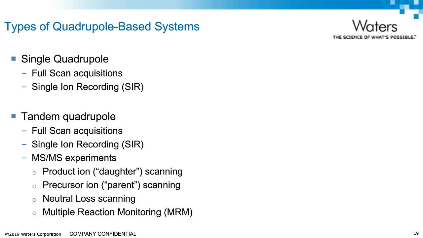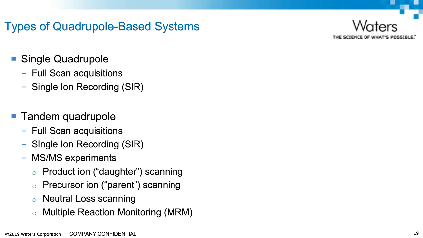Individual mass to charge spectra can then be extracted from the scan data if required. Static mode, in contrast, is analogous to a single UV channel. The static mode produces a single ion recording where a single mass to charge channel is selected and all other ions are barred from passing through the quadrupole.